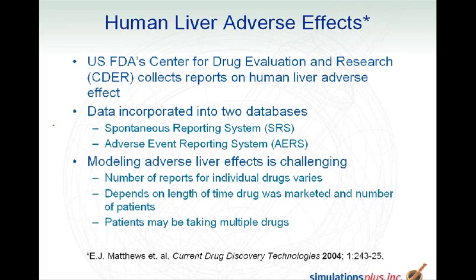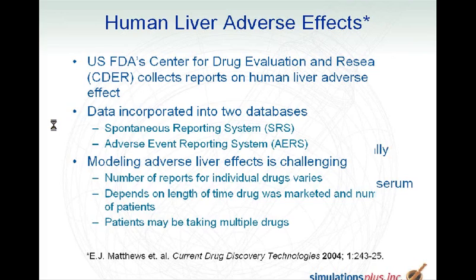Of course, modeling these adverse effects is challenging because the number of reports from individual drugs varies. It also depends upon the length of time the drug was marketed and how many patients took the drug. Also, patients may be taking multiple drugs, so instead of the effect being due to a single drug, it might be due to a combination of drugs.